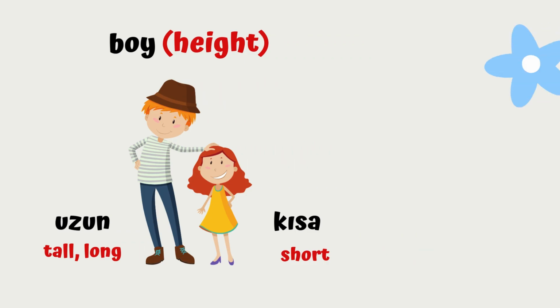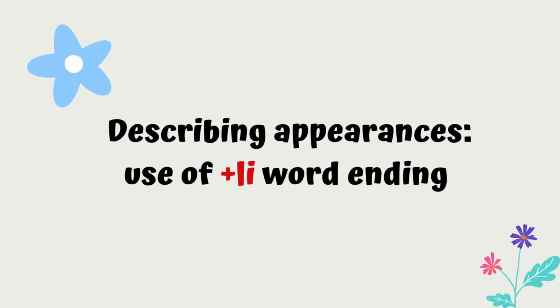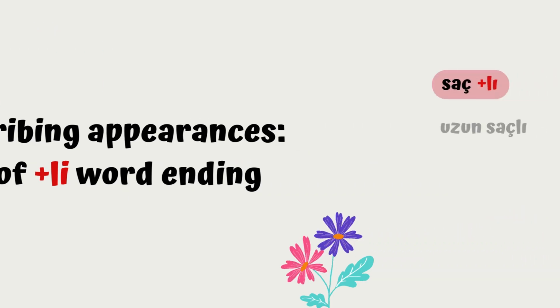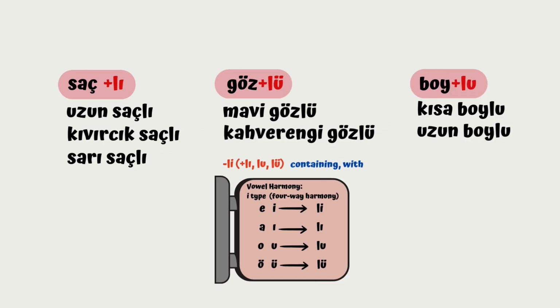Okay, and I want to move to the word ending li here, because we're going to use it a lot. Remember, li means with. If we look at these examples, we have saç, which means hair, and if you put the li ending, but li changes accordingly. Remember our vowel harmony rules.